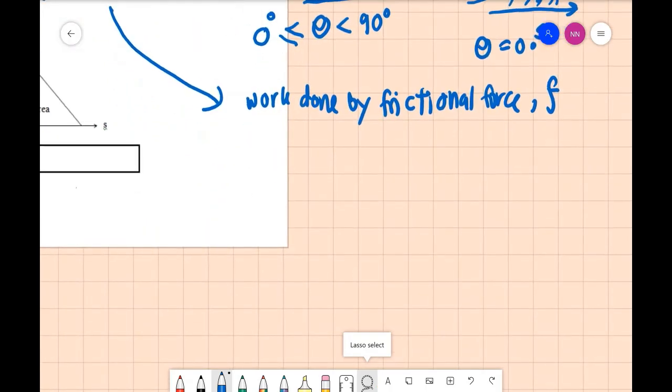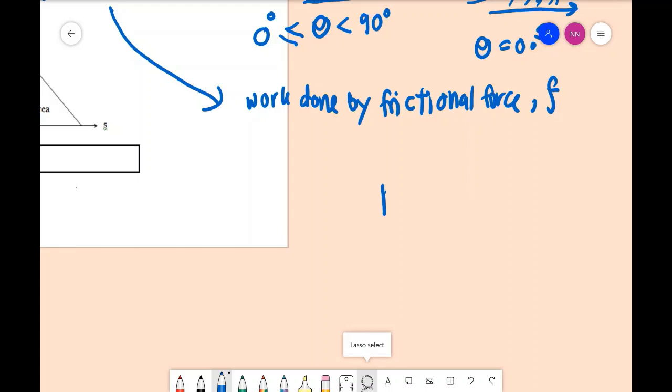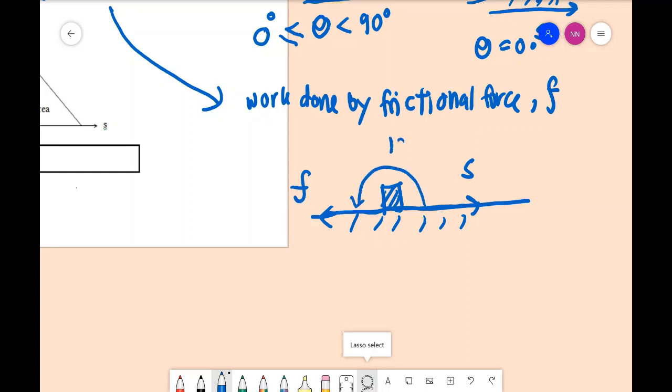Let's say we have this object on a rough surface. This is the displacement S, and there is a frictional force here. The angle between friction and displacement is 180 degrees, so work done by the frictional force is negative.